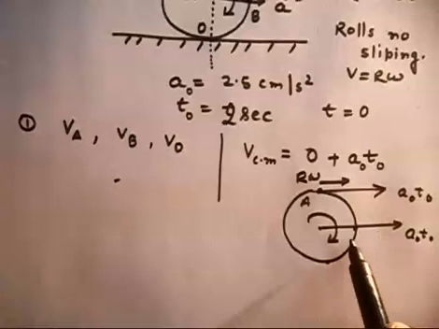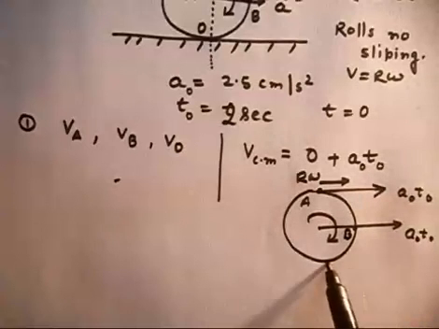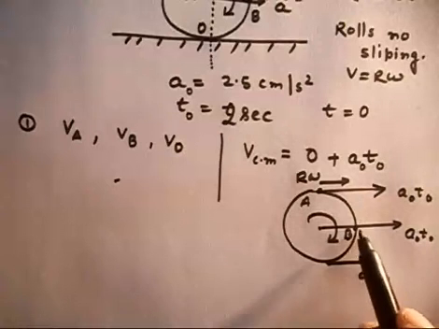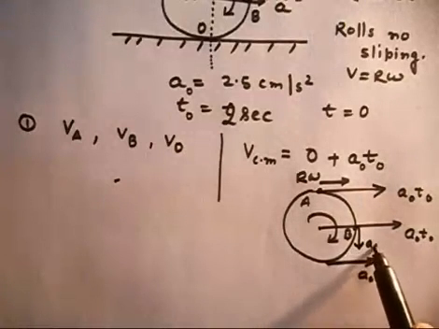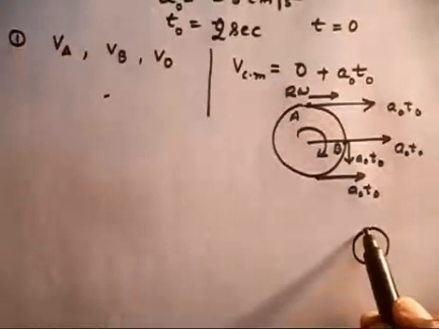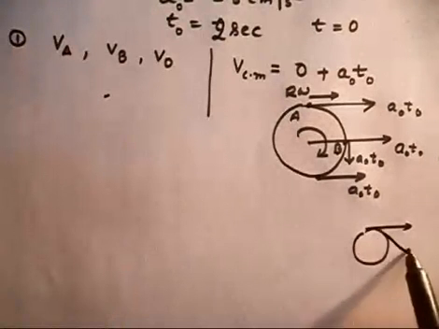So all points will have velocity a naught t naught. This point is going down, so it will have a tangential velocity a naught t naught in a downward direction, because tangential velocity is given by the tangent. At this point this is the tangent, at this point this is the tangent.